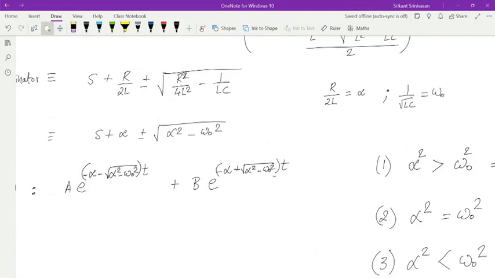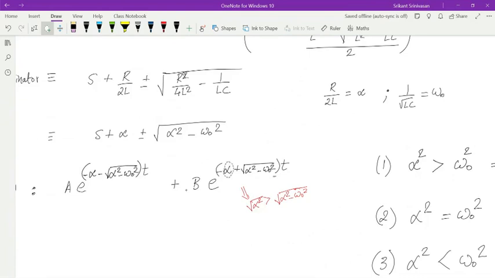That means over here, what I mean to say is, alpha is always greater than the square root of alpha square minus omega naught square, because alpha is nothing but root of alpha square. Correct? So the square root of alpha square is always going to be greater than the square root of alpha square minus omega naught square.